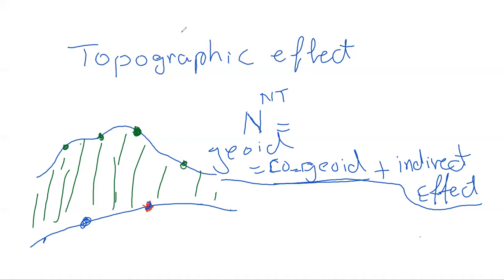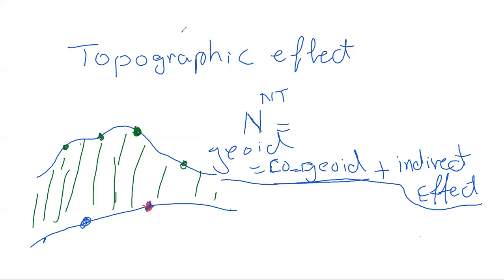So we solve the integral and come to some values which are called geoid, but since we have changed the Earth by removing these effects, actually it's not the real geoid. It is something similar to geoid. We call it co-geoid.